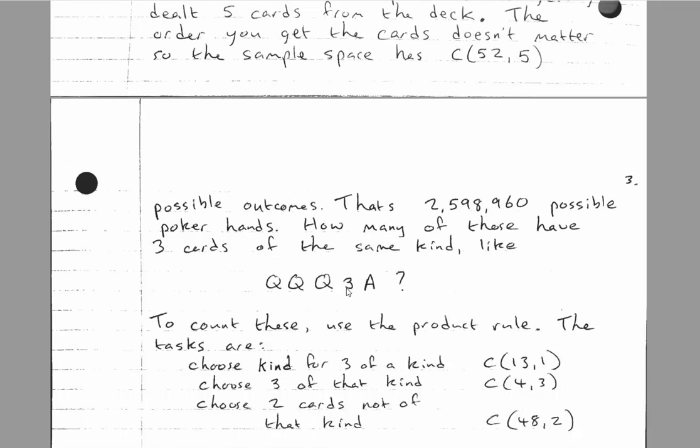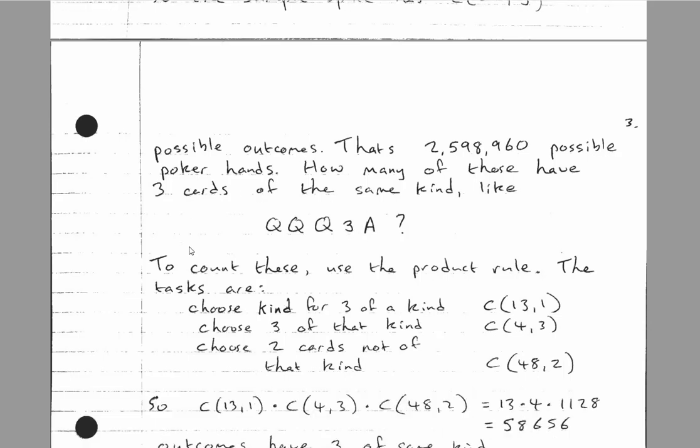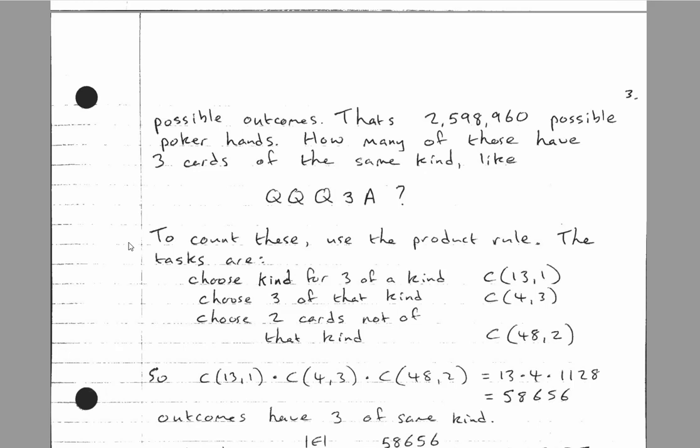So these can't be queens, something else. Let's try to count how many ways we can get 3 cards of the same kind.